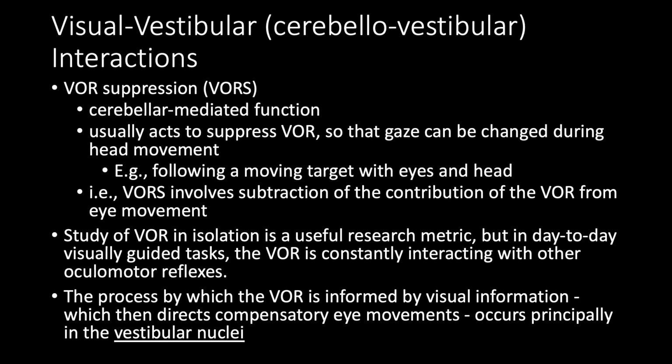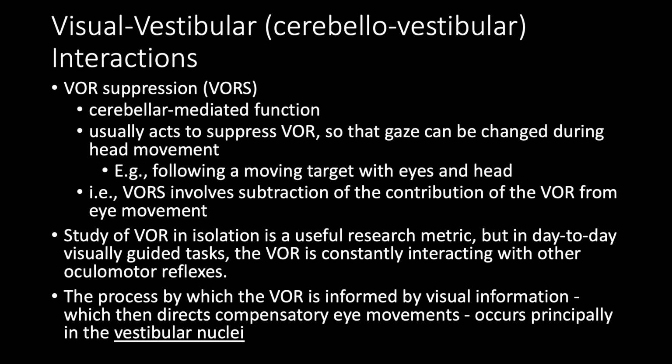Visual vestibular or cerebellovestibular oculomotor abnormalities are very important here, as they cover both the peripheral and central vestibular mechanisms. VOR suppression or cancellation of the VOR is a cerebellum-mediated function and usually acts to suppress VOR so that gaze can be changed during head movement.